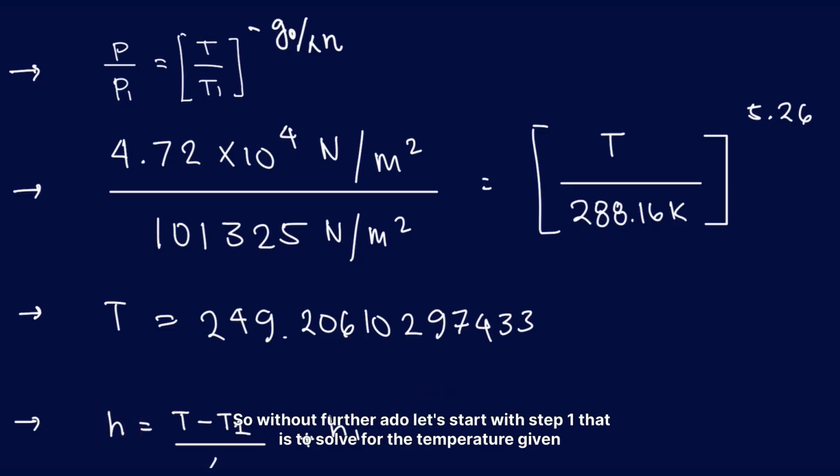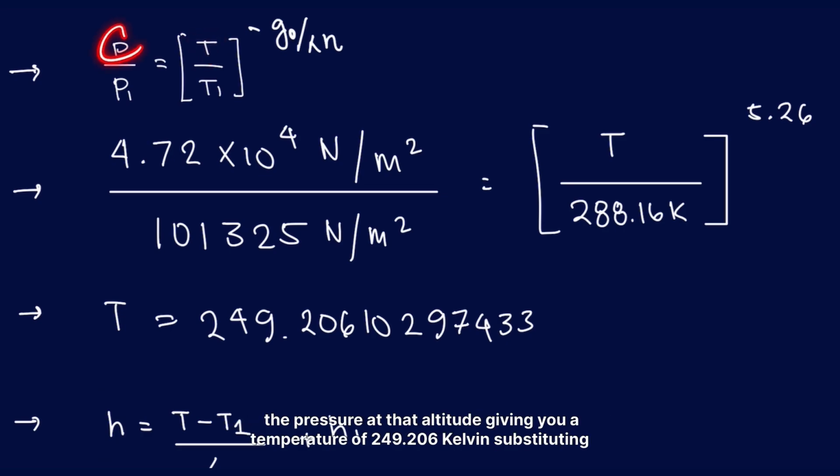So, without further ado, let's start with step 1, that is to solve for the temperature given the pressure at that altitude, giving you a temperature of 249.206 Kelvin.